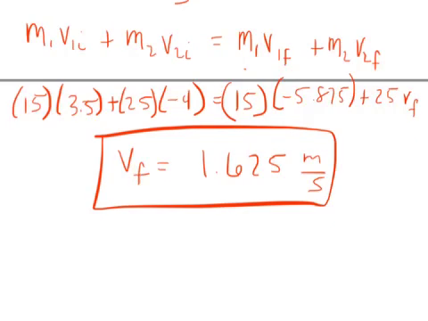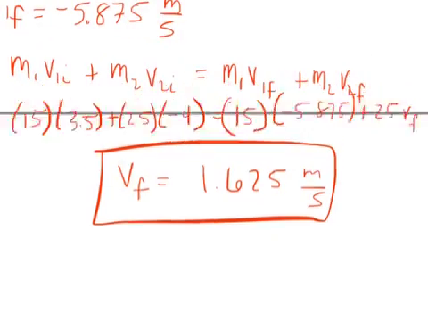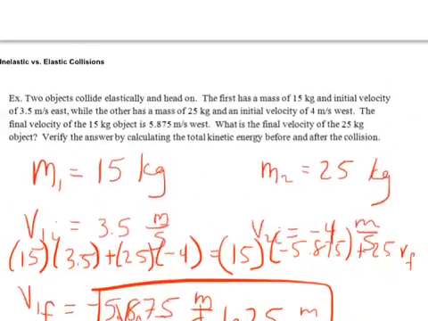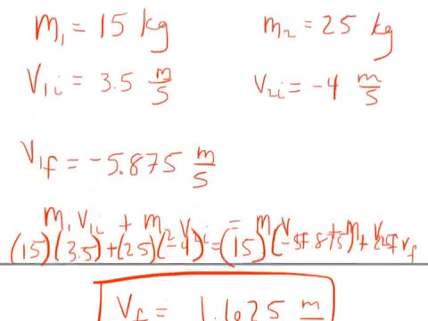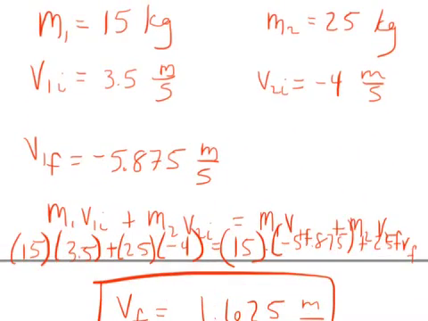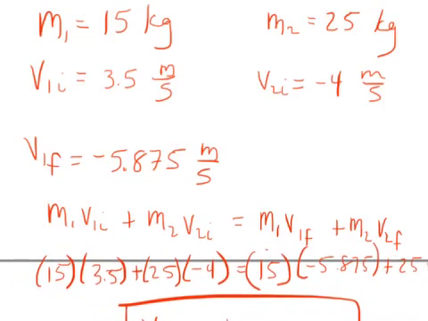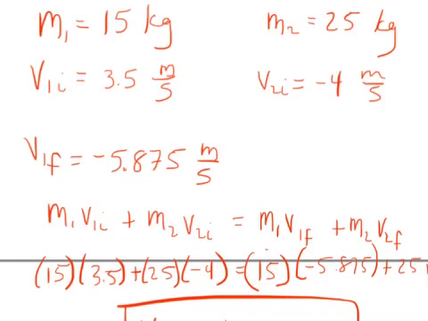So again, let's reiterate real quick. Before we verify the kinetic energies, first, we had two objects moving head-on elastically, so we separate their masses. We know they have different masses initially, and different velocities initially. Now, we also know we have the final velocity of one of the objects.